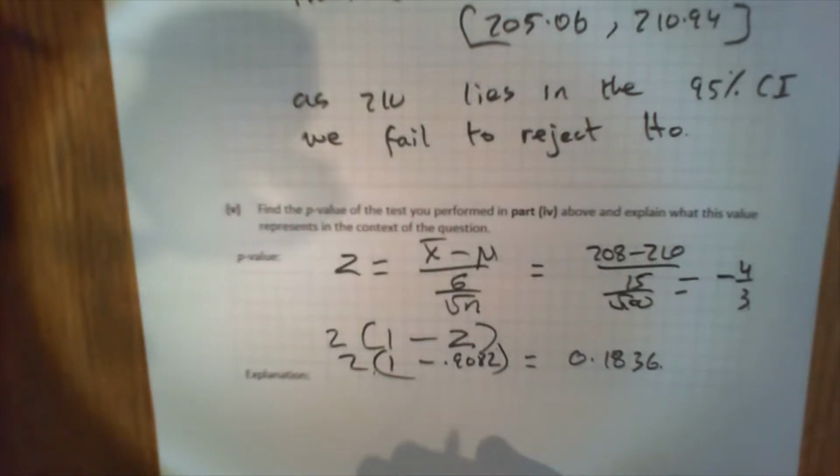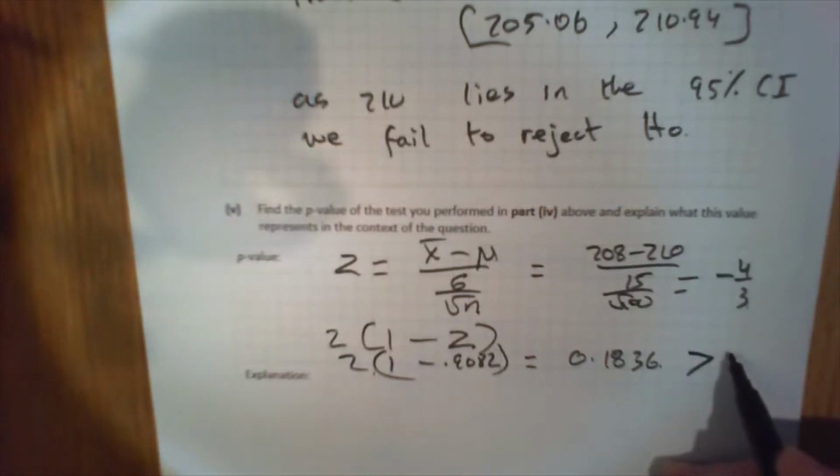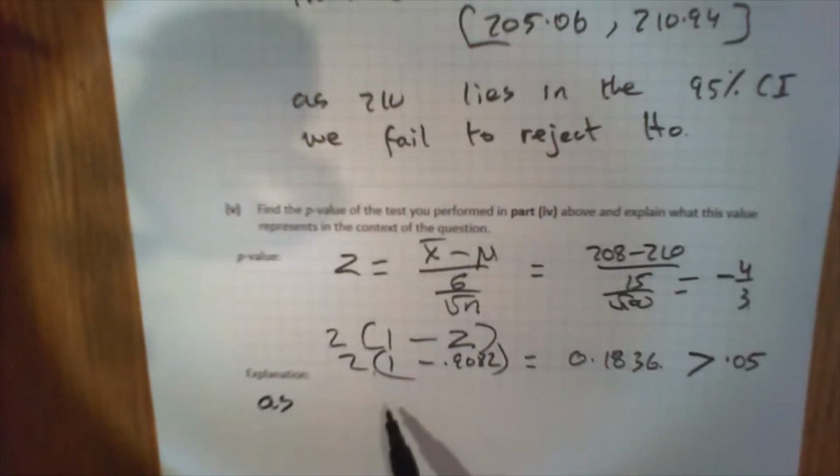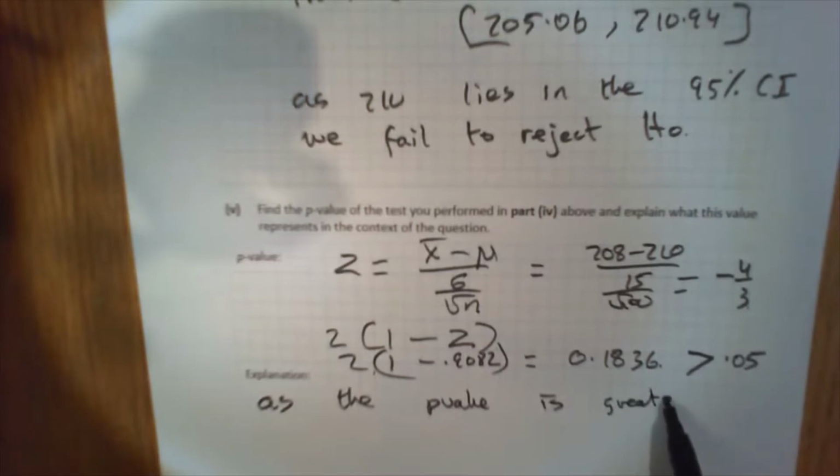So that's greater than 0.05, as the p-value is greater than 0.05.